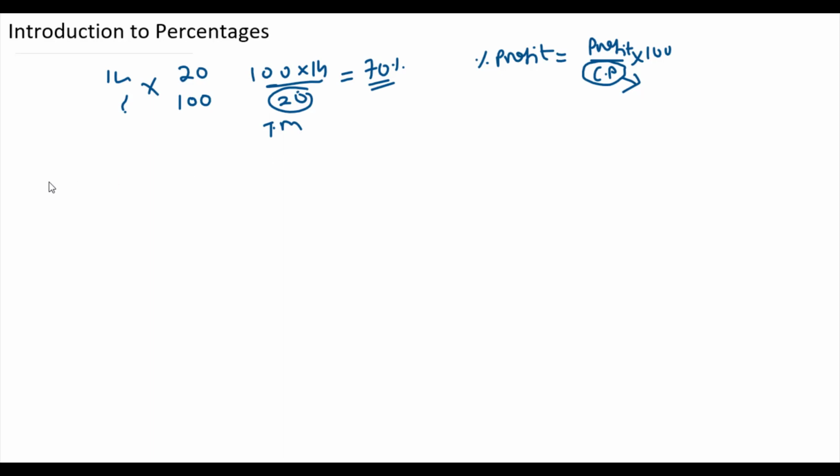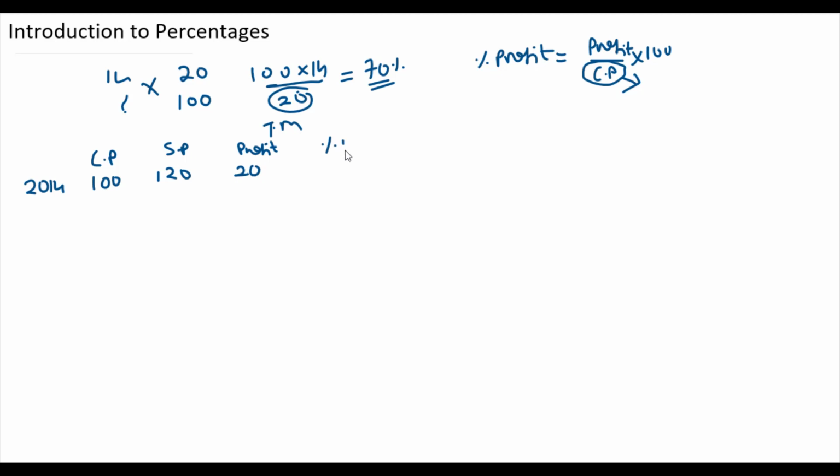Let us now understand what is percentage change and percentage point change. Suppose there is a company which in the year 2014 purchased a product which is costing 100 rupees. So 100 is the cost price, and then sold it for 120 rupees, where 120 is their selling price, and they made a profit of 20 rupees.